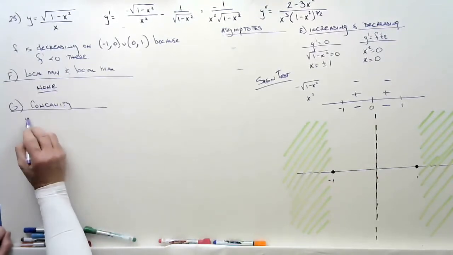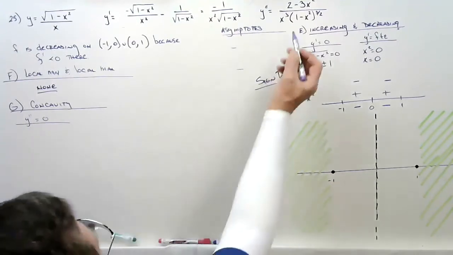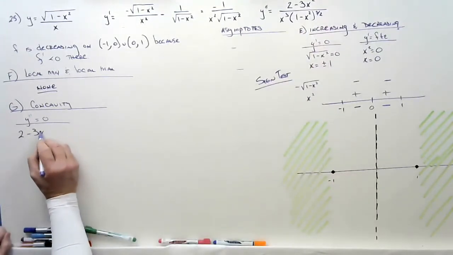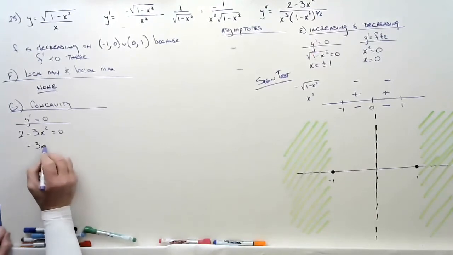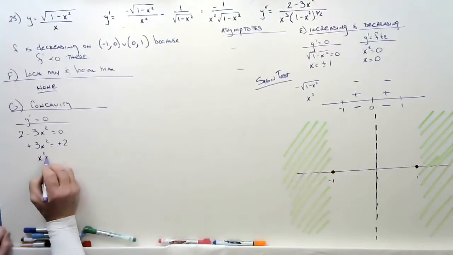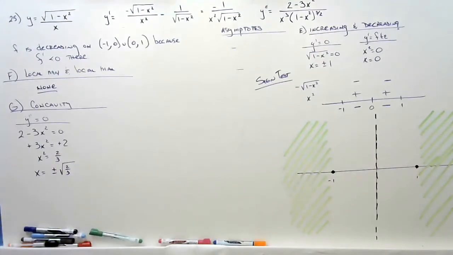So we take our second derivative, we set it equal to 0. Our second derivative is this, right? So when is that going to be 0? When the numerator is 0. We bring the 2 over, get rid of the negatives. X squared equals 2/3. X equals plus or minus root 2/3. That's actually inside of our domain, right?